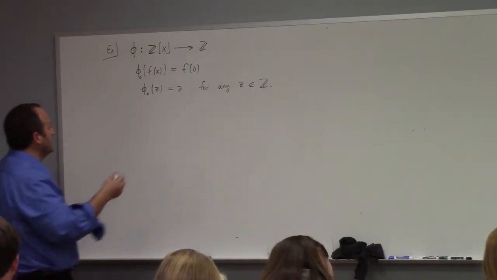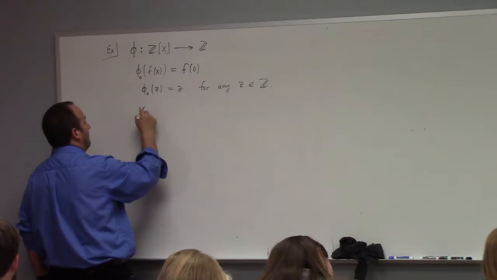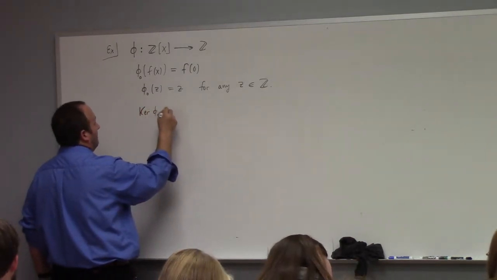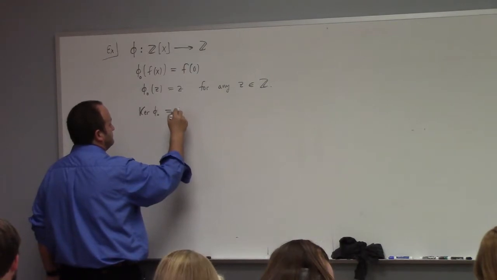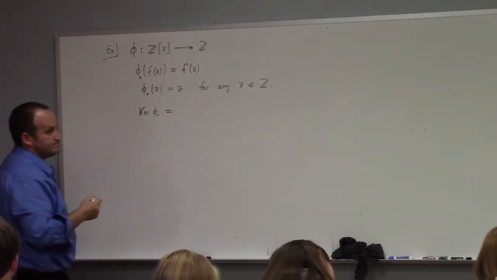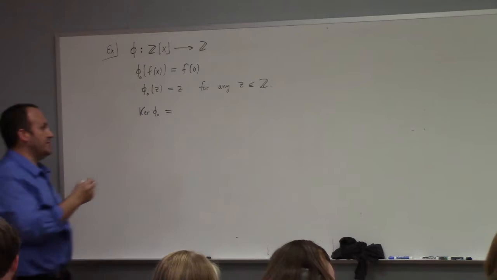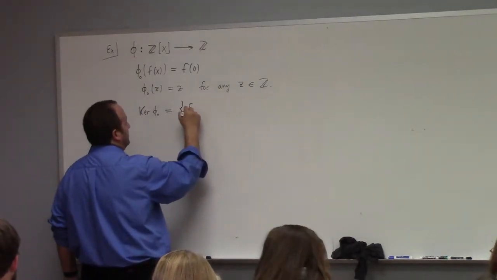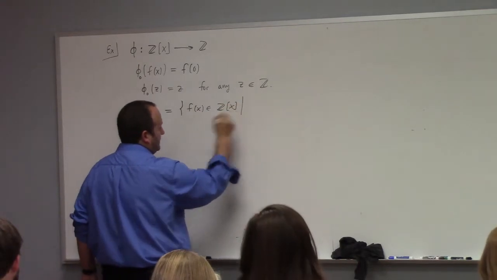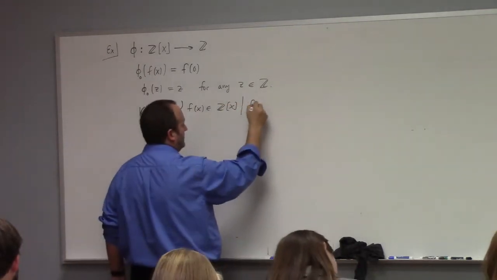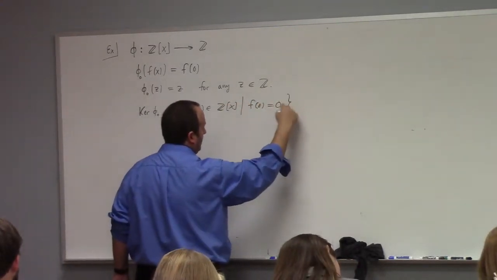What's the kernel of phi naught? So what you're looking at there is f of x in Z[x] such that f of 0 is equal to 0.